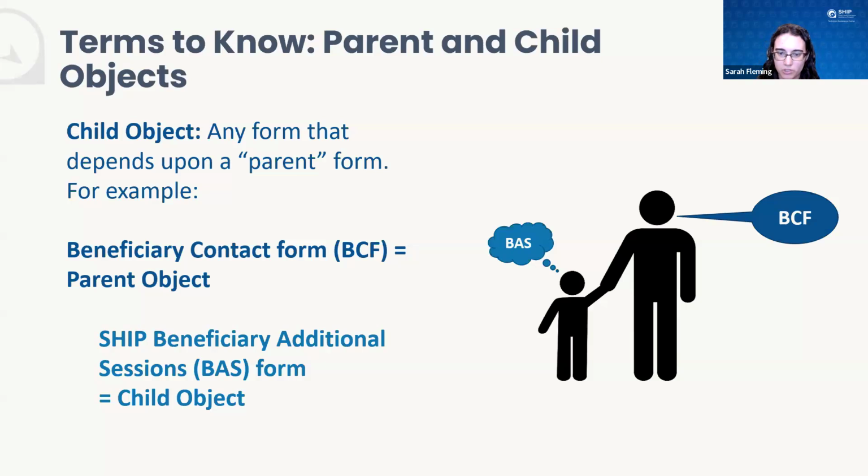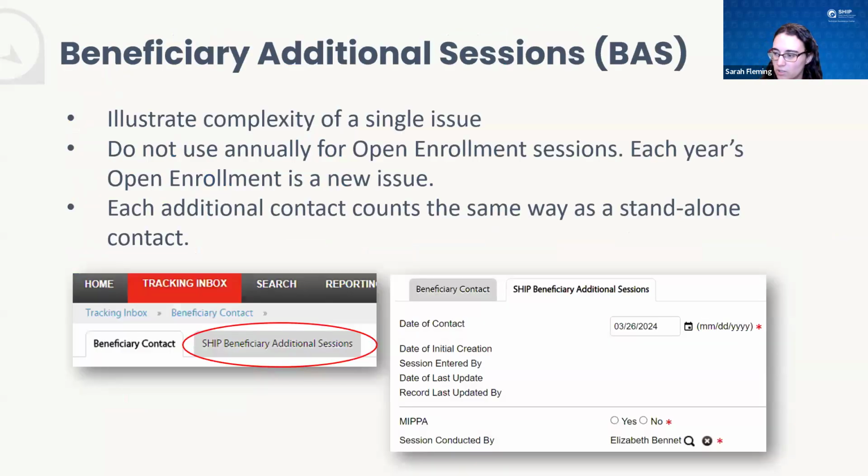And once that beneficiary contact form is saved correctly, you can then open a new beneficiary additional session form through that beneficiary contact form. So that may be a little confusing until we demonstrate it, but we do have a little image in the next slide. So you can see that when the beneficiary contact form is saved, there's a tab that shows a beneficiary contact and then a SHIP beneficiary additional session form.